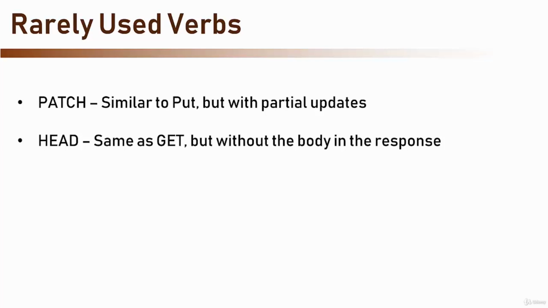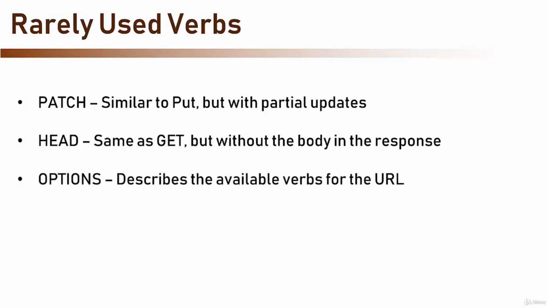The HEAD verb, in contrast to this, will indicate to the server that it should not return a body, but only the status code. This verb can be used for a pre-check. For example, if I want to know if a specific entity exists, but I'm not interested in the entity itself, then I can send a HEAD request, and if I get back a 200 status code, then the entity exists, even though I didn't get it back.